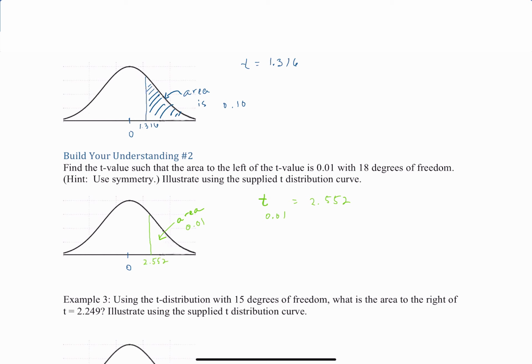But that's not exactly what the problem was asking us for. It was asking us for the t-value such that the area to the left is 0.01. This is where symmetry comes into play. There's a t-value on the left side of the t-curve where the area is also 0.01.